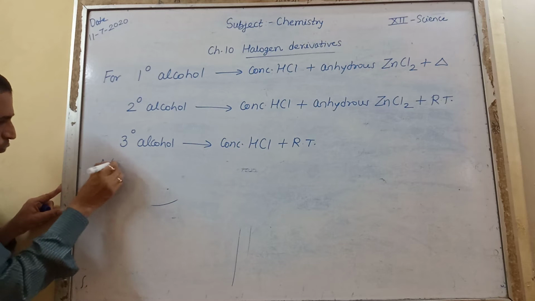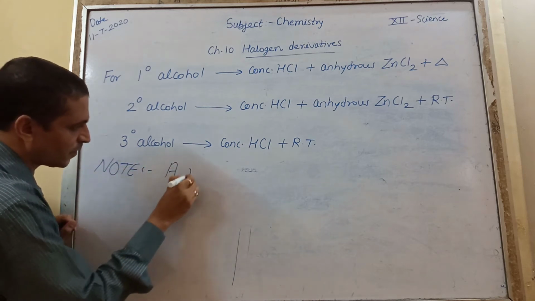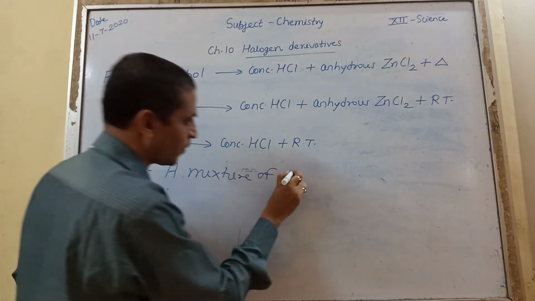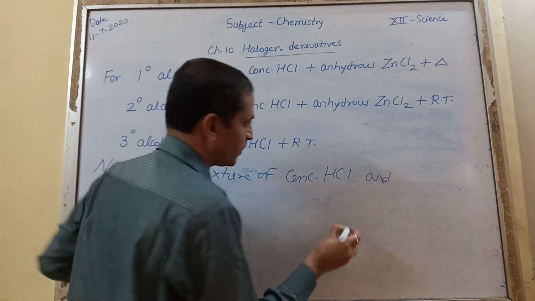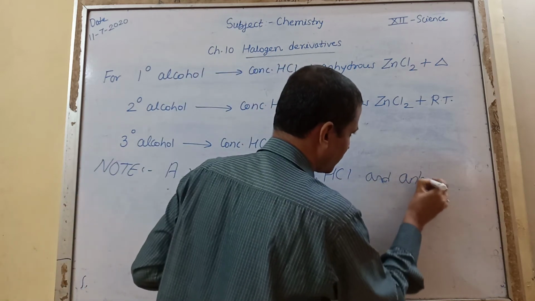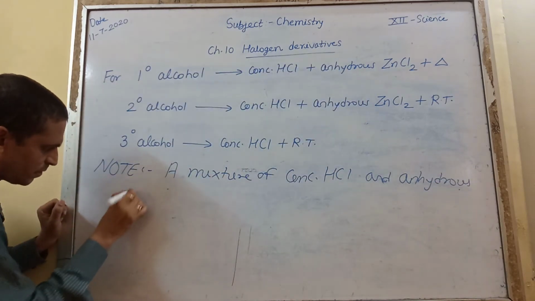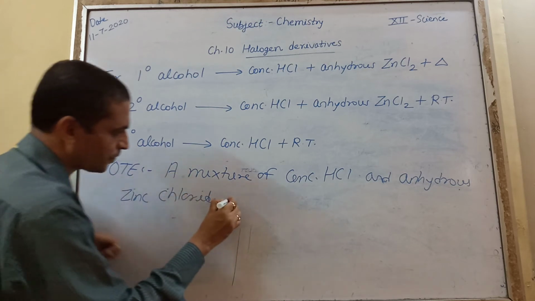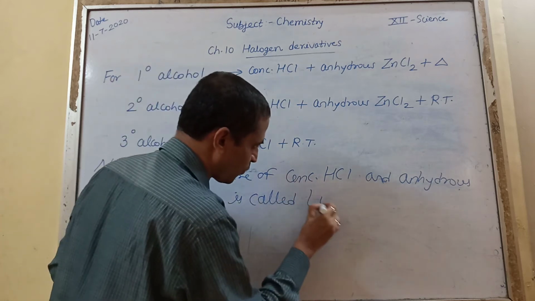Here we put one note: a mixture of concentrated HCl and anhydrous zinc chloride is called Lucas reagent.